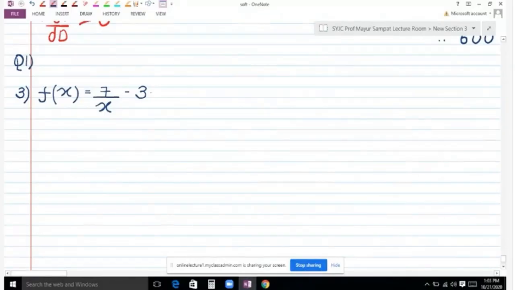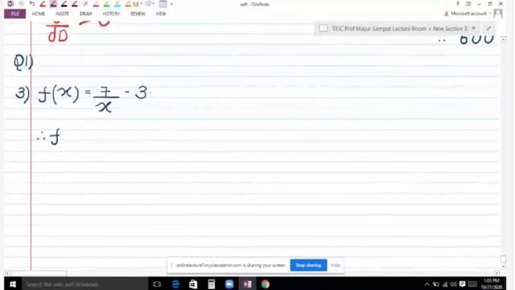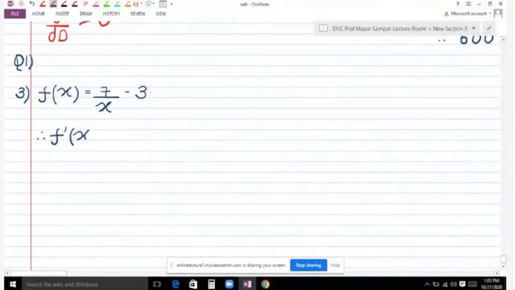Differentiating both the sides with respect to x, applying the operator d by dx on both the sides.